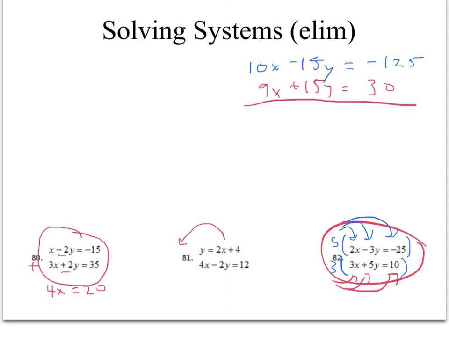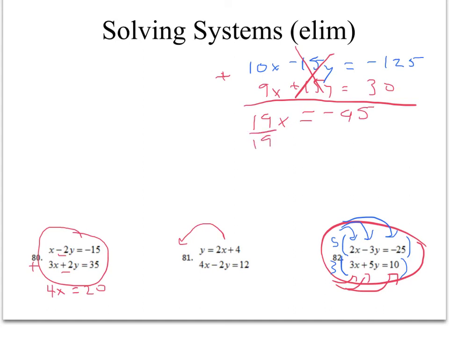And now when I add the two equations together, which is my next part to elimination, I get 19x, negative 15y plus 15y cancels out, equals negative 95.